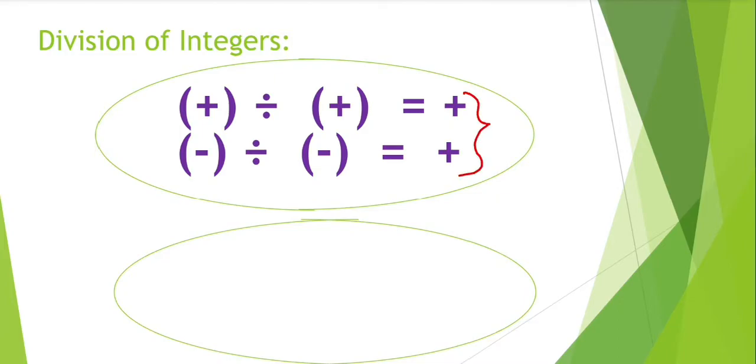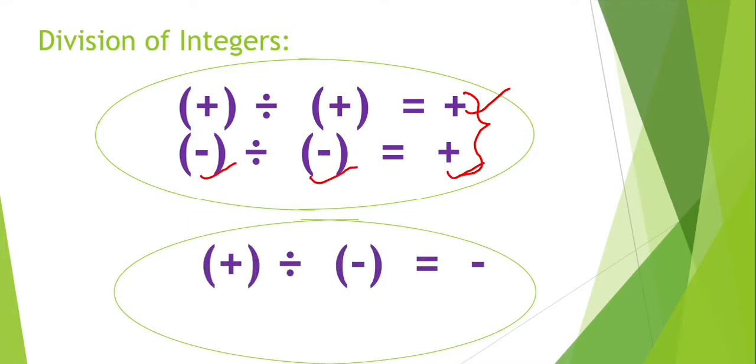That means plus divided by plus is plus, minus divided by minus is also plus. And when you divide a positive integer by a negative integer, plus divided by minus is minus, and minus divided by plus is minus. That means when you divide two integers with opposite signs, the result is always a negative integer.